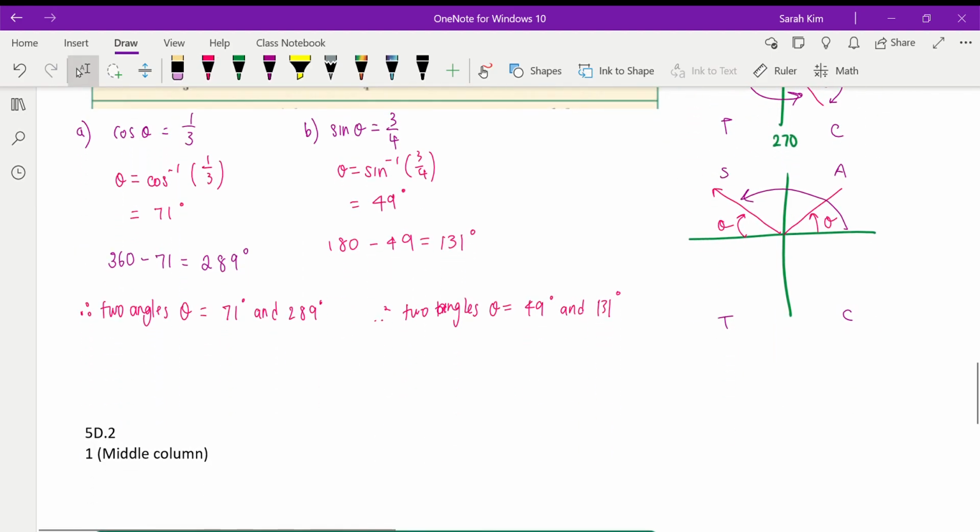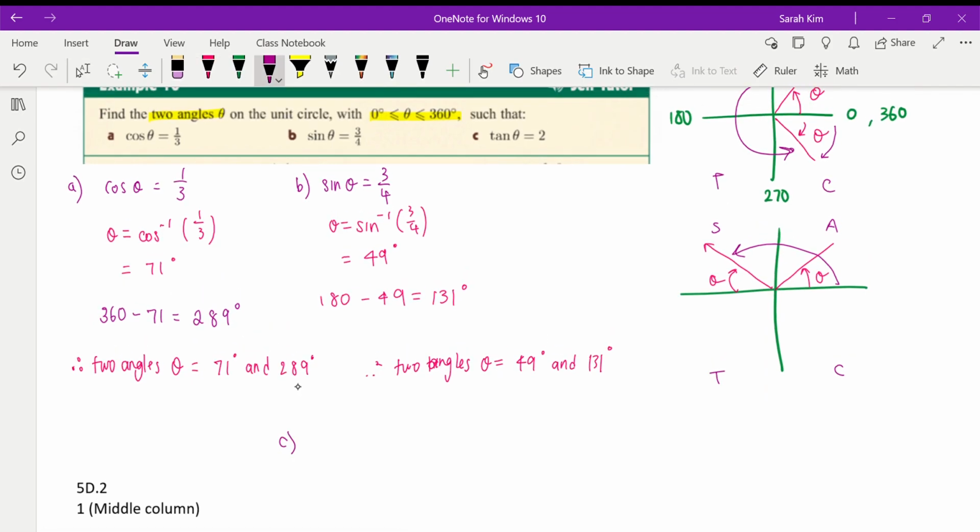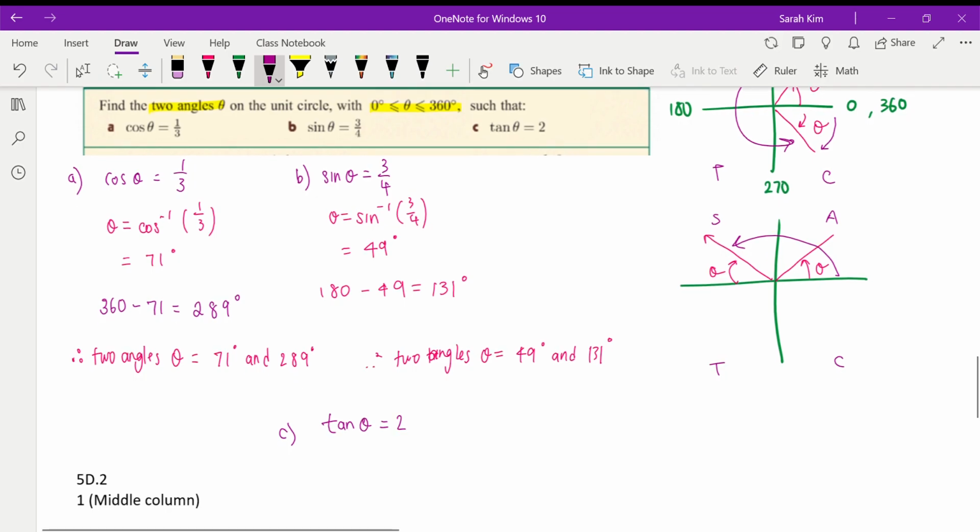Alright, let's do my last one. Hopefully I can squeeze it in over here. Okay, tan theta equals 2. With tan theta, I need to draw my unit circle, South Australian Tennis Club. My tan theta is going to be positive over here, as well as over here.